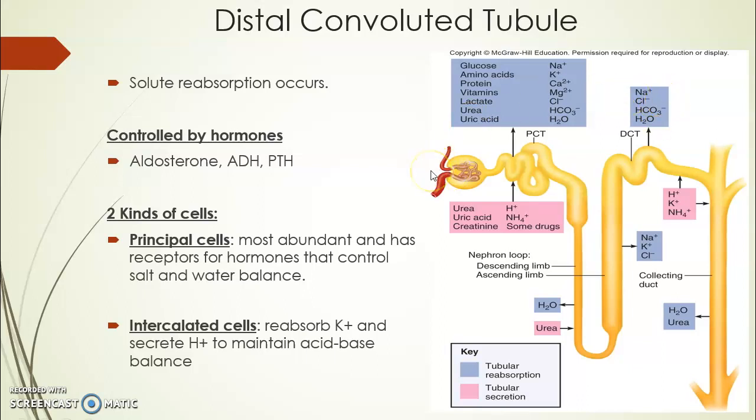So we've got 2 different types of cells here, the principal and intercalated cells, which are going to help with this hormonal balance, as well as the reabsorption process, which we will see mainly being sodium and potassium, and the hydrogen ions, remember, are going to be secreted back into the tubule for that pH balance.